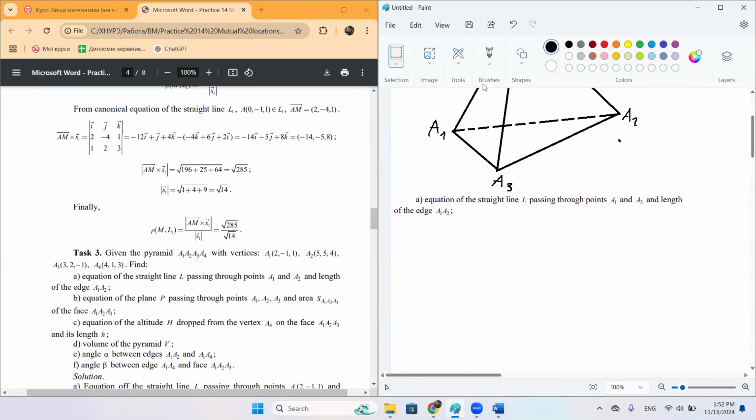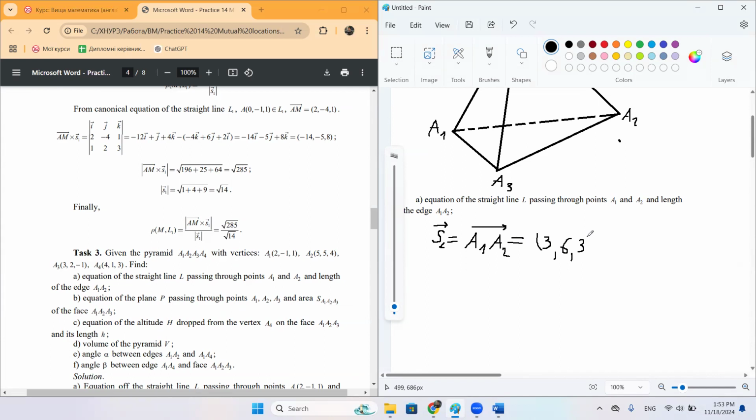So what will be the direction vector of L? Okay, I will answer for you. So the direction vector can be taken as A1A2. It will have coordinates 3, 6, 3.